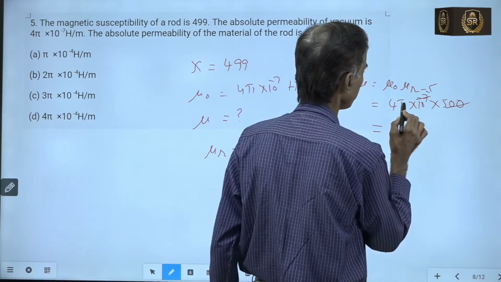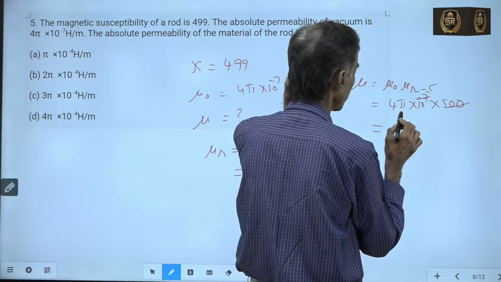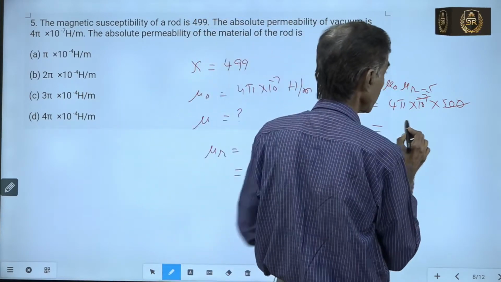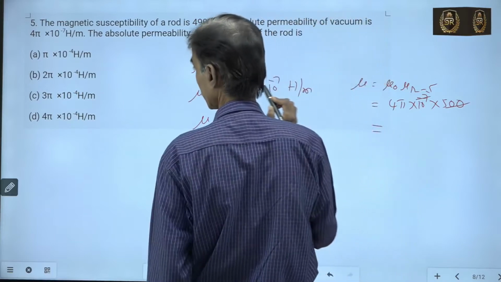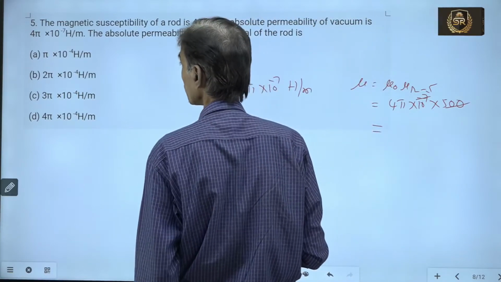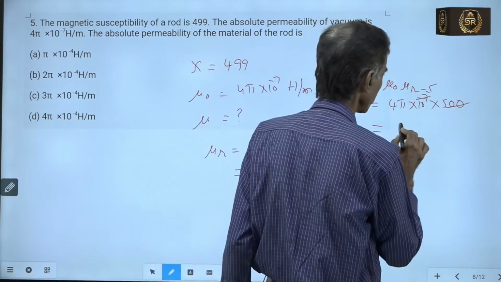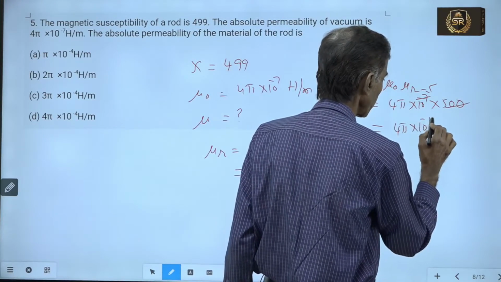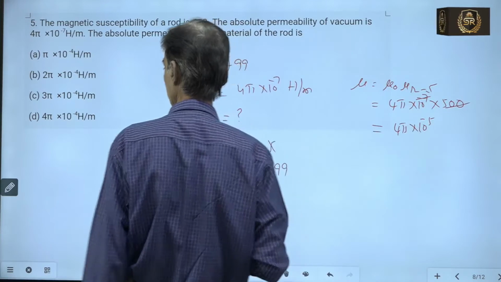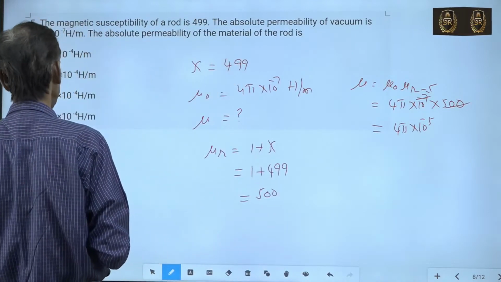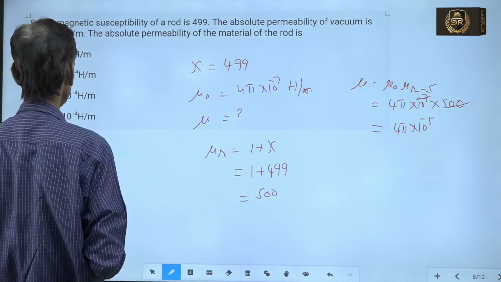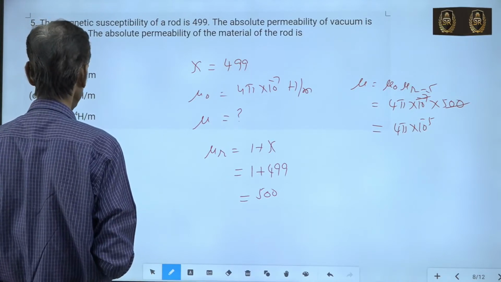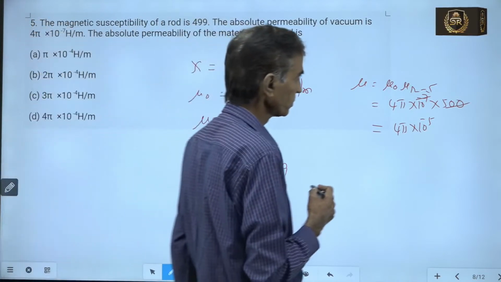Then this will be approximately 12, 13 point something, or the answer is in terms of that only. So we can write 4 pi into 10 power minus 5. So check the answer. 4 pi into 10 power minus 4.